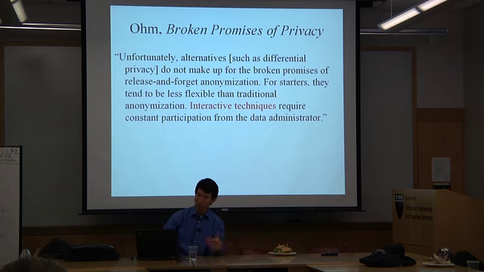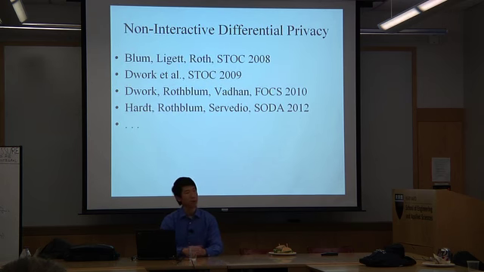But what Paul has missed here is the long line of an increasingly growing body of work on non-interactive differential privacy, ways in which you can release not necessarily a form of the data, but at least some sort of data structure or construct that allows you to answer some interesting questions, even a relatively large number of interesting questions, but only those of a particular form, while still maintaining the properties of differential privacy.